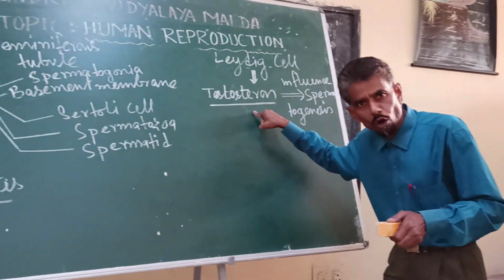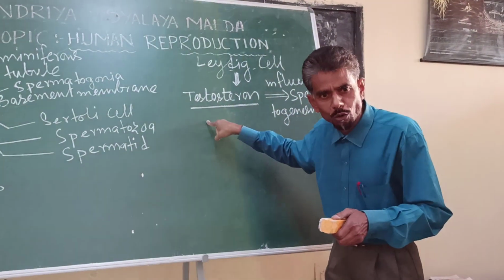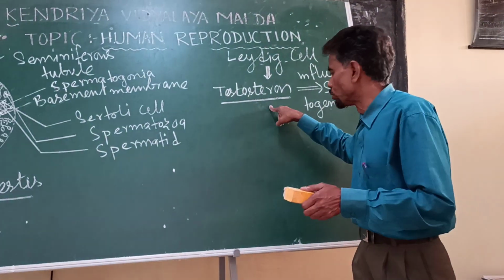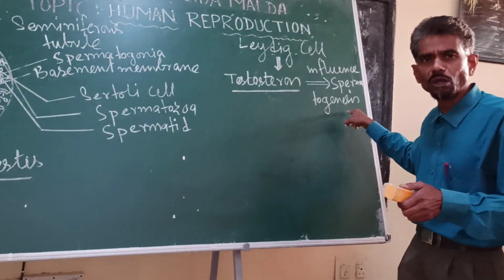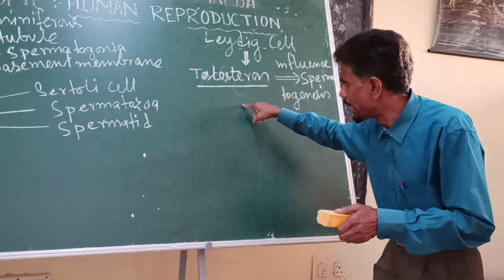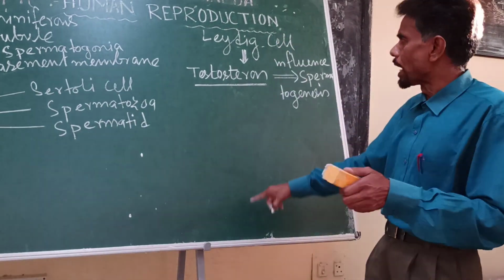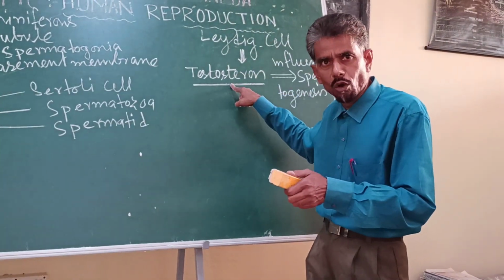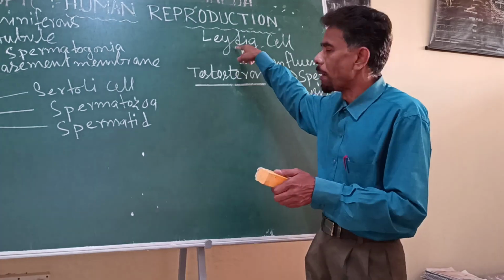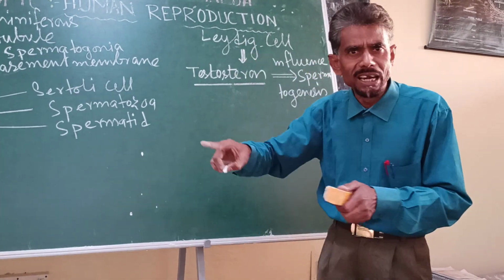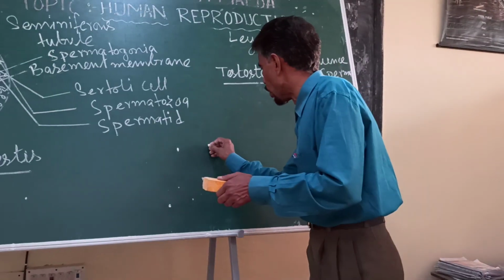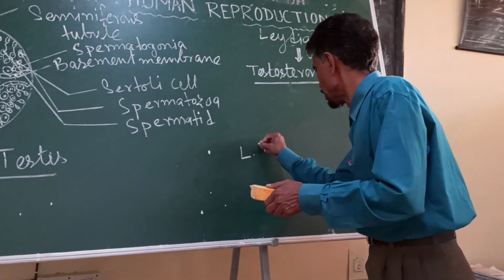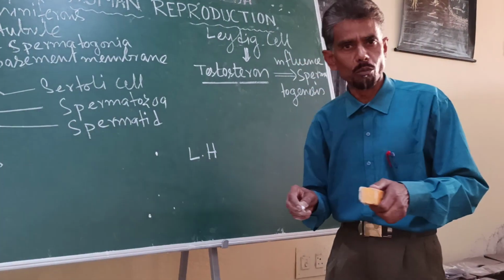When the testosterone hormone, otherwise called male androgen, starts producing, the process of spermatogenesis begins, and the production of testosterone hormone by Leydig cell is again guided by another hormone, luteinizing hormone.